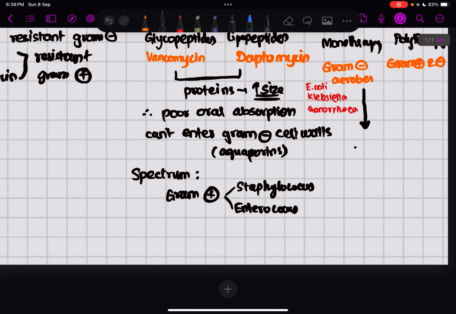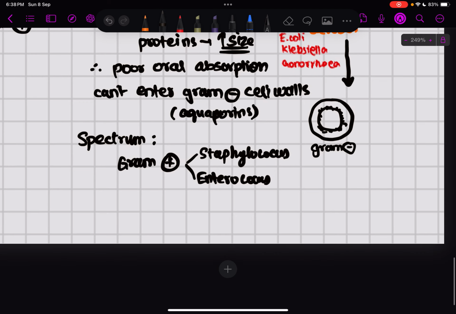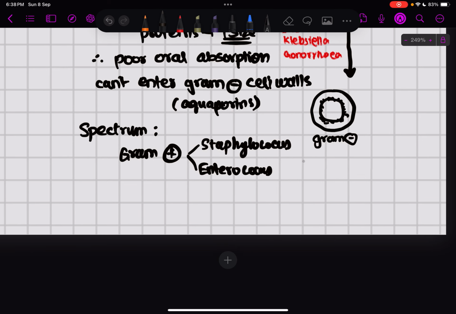To enter the cell, it needs a transmembrane potential, which pulls in the aminoglycoside. This transmembrane potential is generated by ATP used with oxygen.